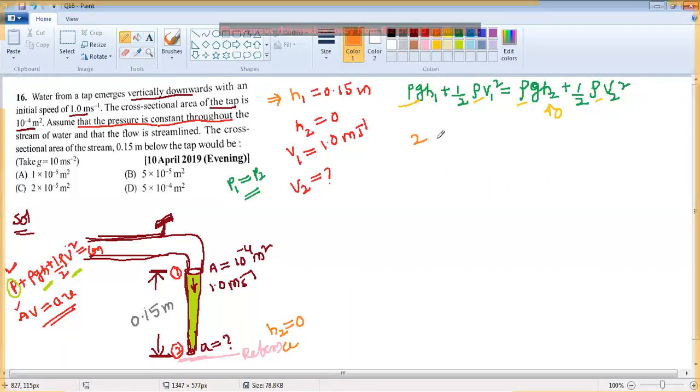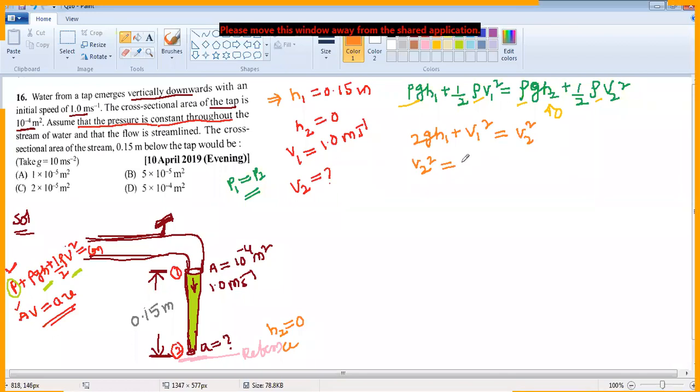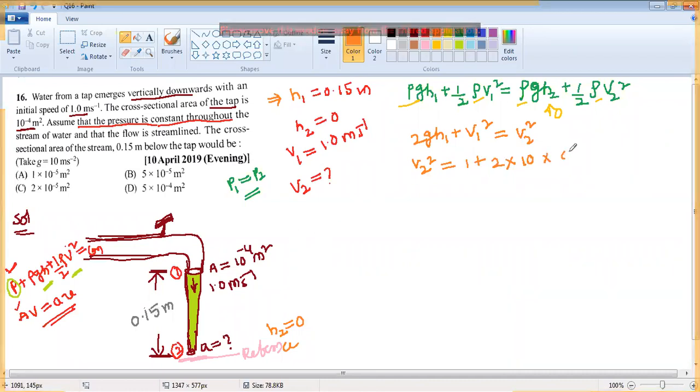Now this is 2gH1 plus V1 square equals V2 square. So V2 square is equal to V1 square, which is 1, since 1 square is 1 only, plus 2 into g, let us take g as 10, H1 is 0.15.